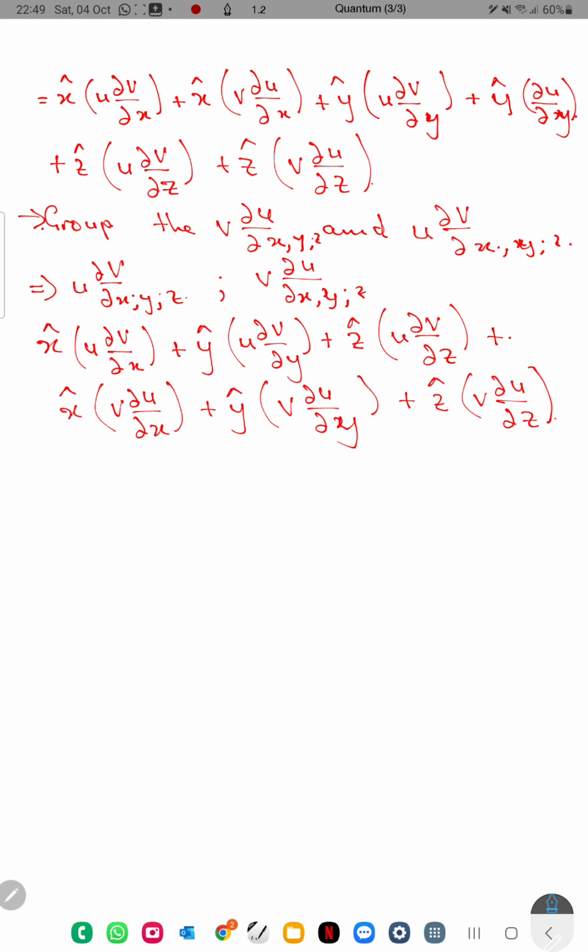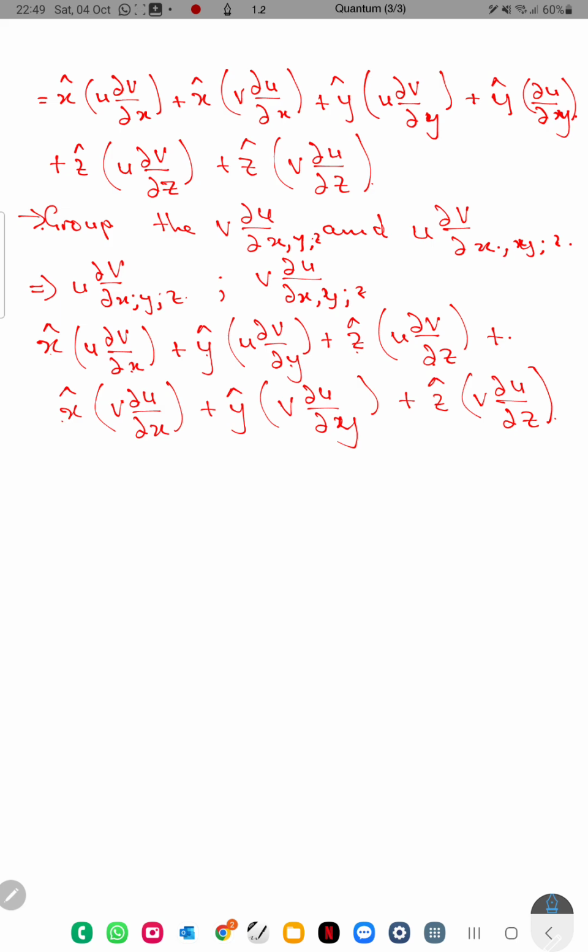Remember, it can confuse you, especially when you say coordinate x, it's dx; coordinate y, it's dy; coordinate z, it's dz. You should be careful on that.